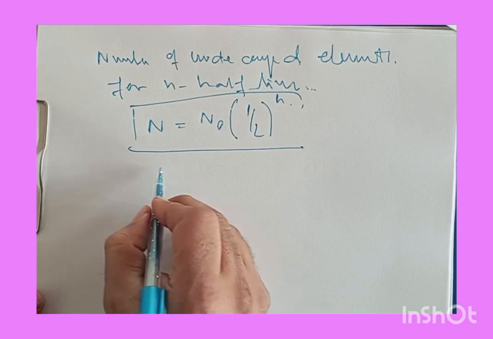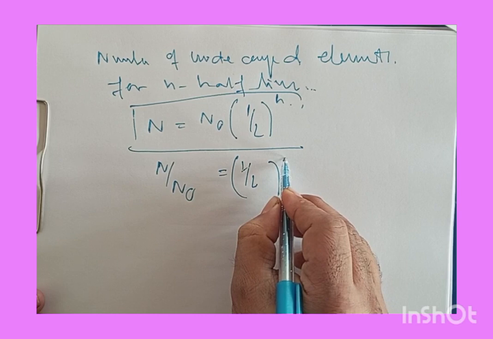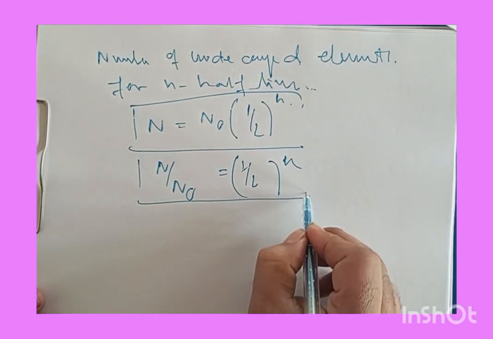And that means this N by N naught will be 1 by 2 raised to the power n.